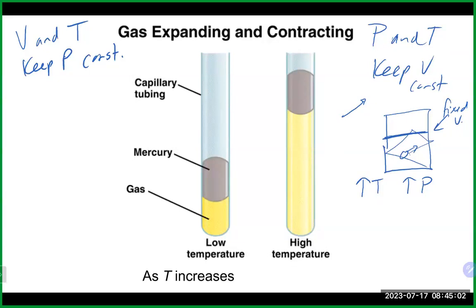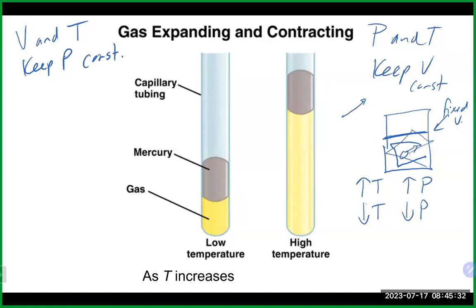It's going to take longer for them to have collisions, which lowers the number of collisions, and the pressure will start to come down. So as we lower the temperature, the pressure will lower in a situation where we keep the volume constant.